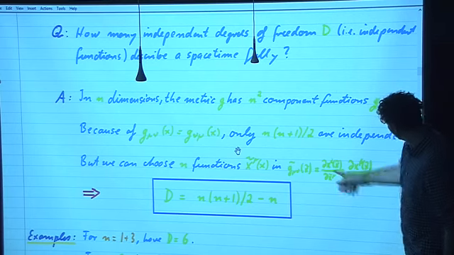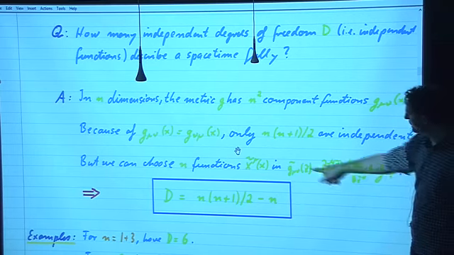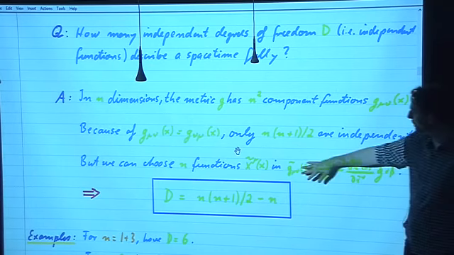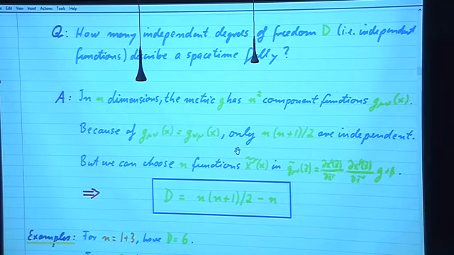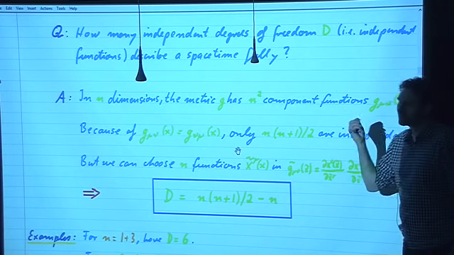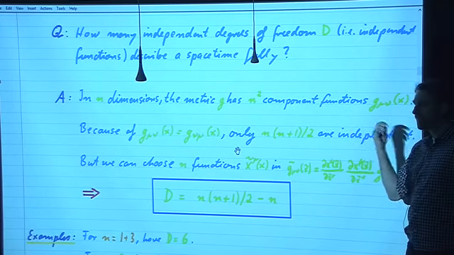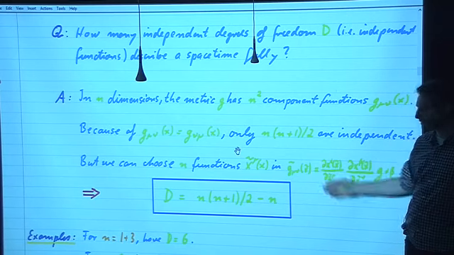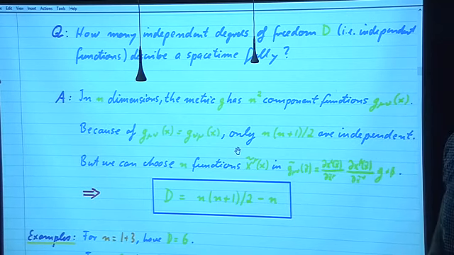So in particular, if we go from one metric to another metric, we have those matrix-valued functions that change the coordinates around. And how many degrees of freedom, how many functions of arbitrariness do we have in doing this? Well, we have n of them, right?